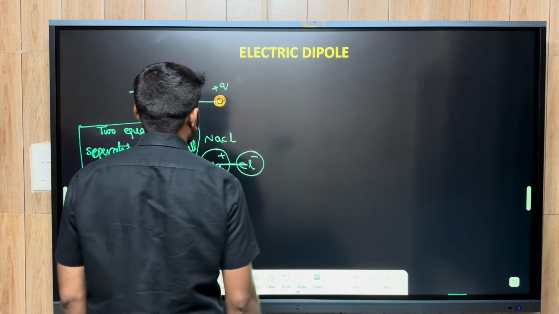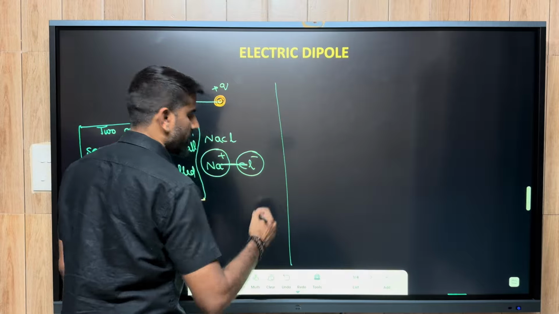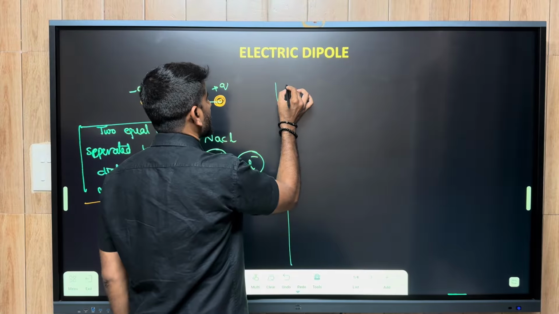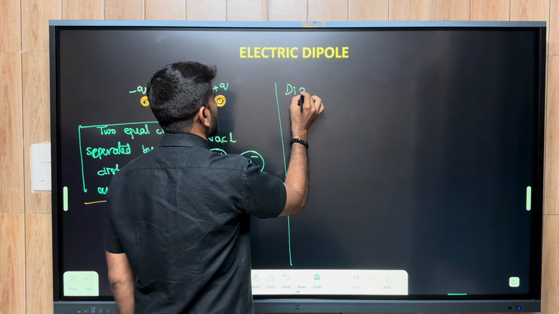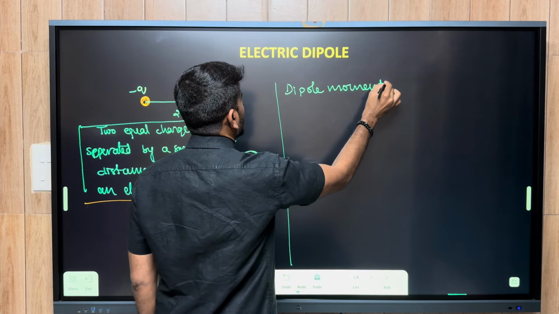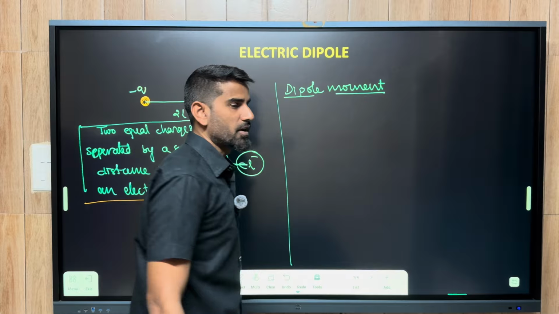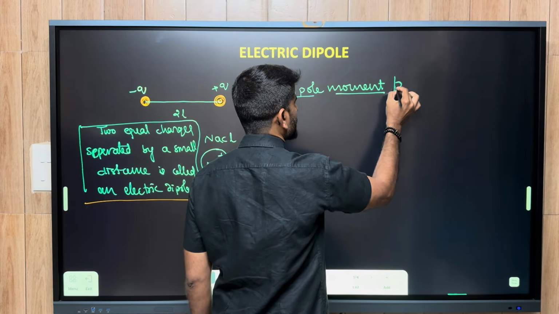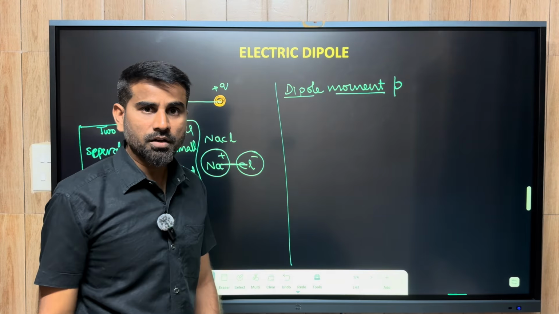Now coming to the next point, that is electric dipole moment. How do we define this electric dipole moment? This electric dipole moment is usually represented with p, small p.